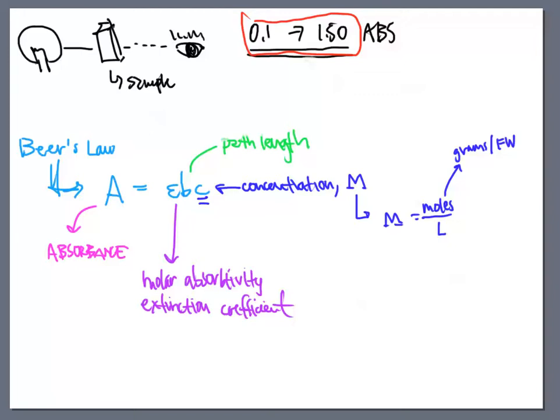The sample compartment, or that sample holder, has a specific term, and that is called a cuvette. Some people put the male pronoun on it, and some use the female version, cuvette or cuvette.